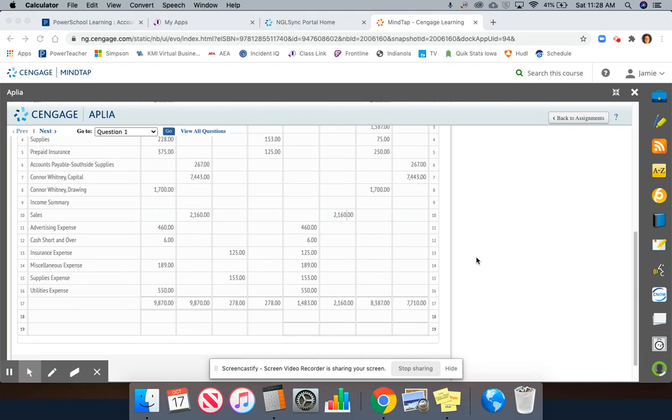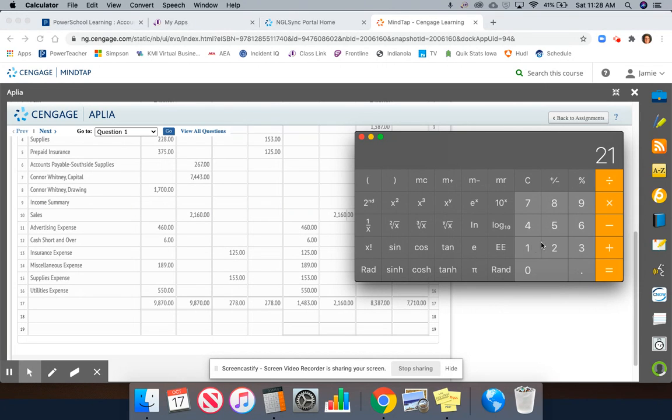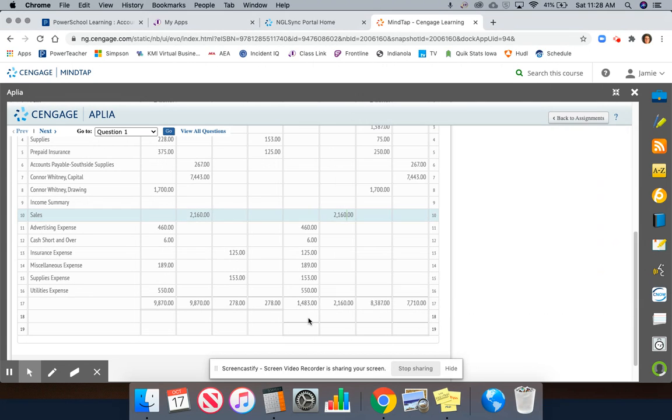So in a calculator, you'll take 2,160, that's our revenue, minus our expenses, 1,483. So our net income is 677. We transfer that number over to the balance sheet columns underneath whatever number is smaller. So we put that underneath our credit.